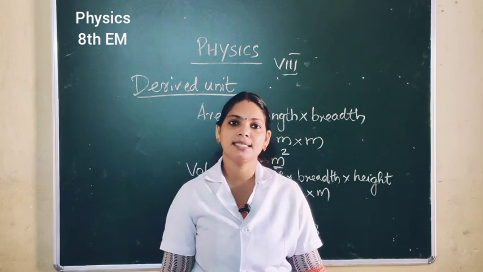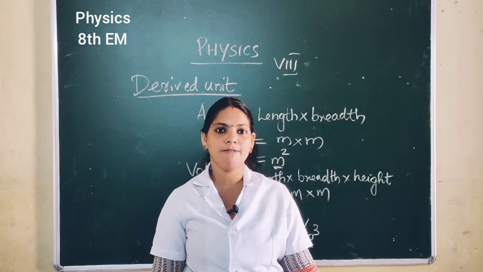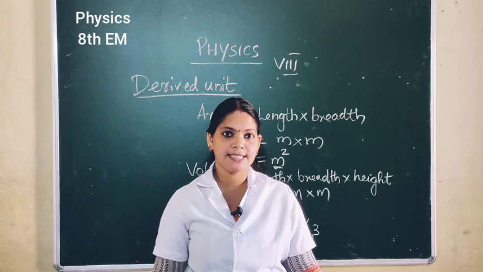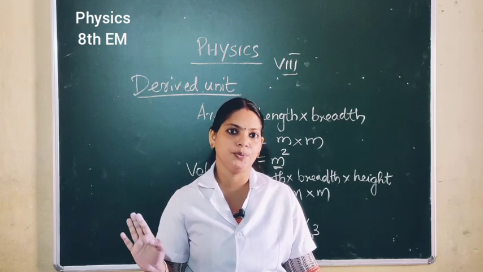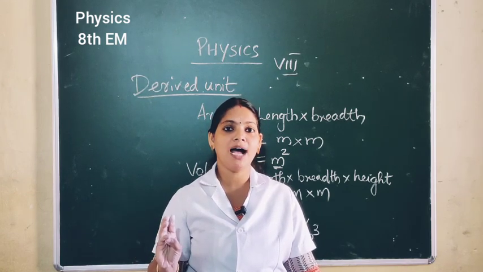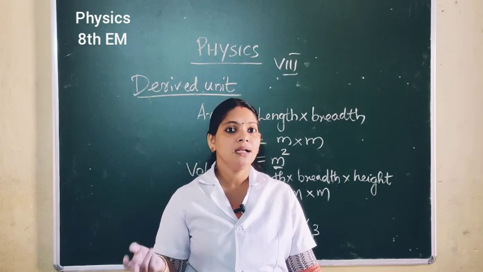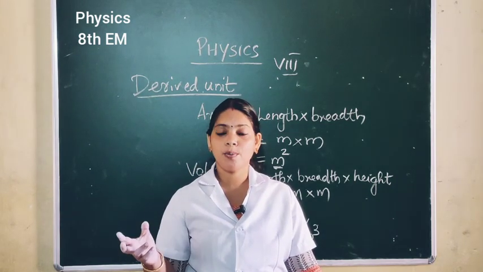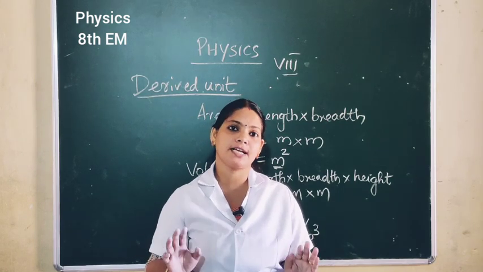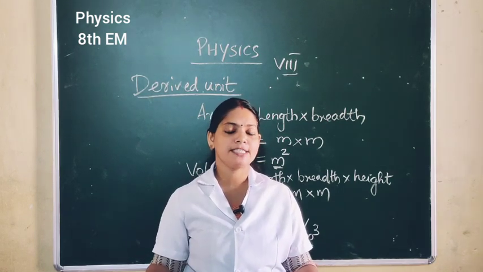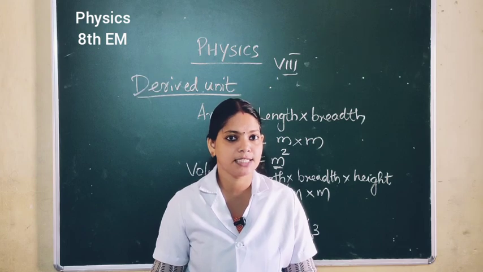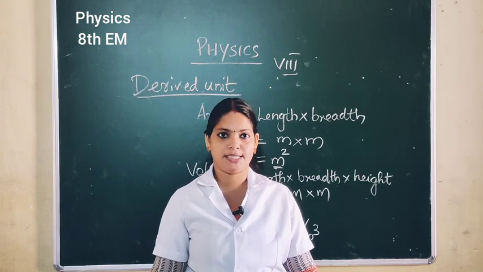Let us discuss what the salient features of SI units are. First, they are unified units. Second, they are adequate to express all physical quantities. Every physical quantity is expressed in terms of SI units.